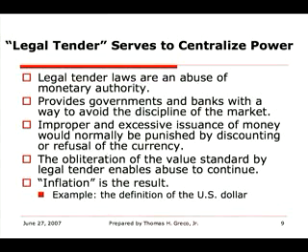And this is a bit of history that isn't very well known. But it manifested in the form of the first Bank of the United States, and then the second Bank of the United States, and finally in the Federal Reserve System in 1913.